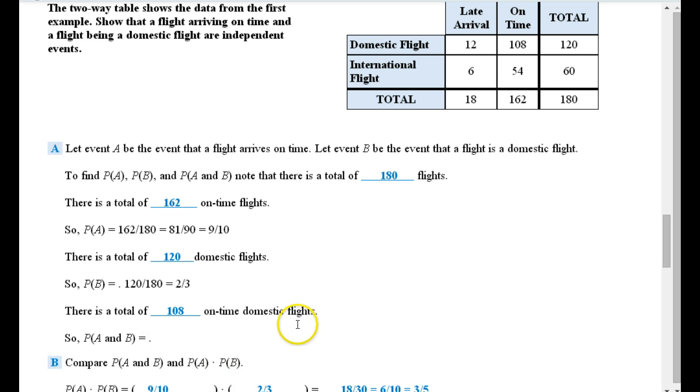So the probability of that would be 108 divided by 180. Sorry about this. I can do 54 divided by 90, dividing in half. And these are both multiples of 9, so if I divide by 9, I get 6 over 10, and then that's 3 over 5.